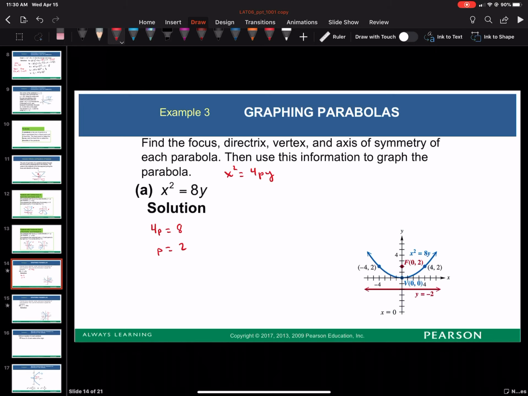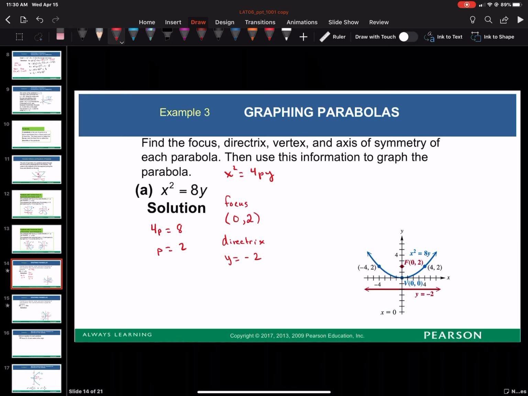So if we were trying to find our focus, our focus would just be (0, 2), right? Because it's (0, p) if you go back to the previous slide. So it's (0, p), which would be (0, 2). Our directrix would be y is equal to negative p, which is -2.